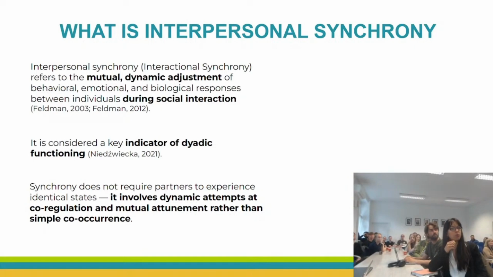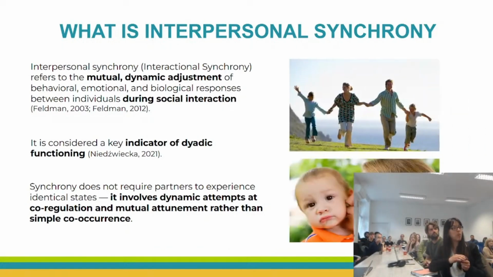It is considered a key indicator of dyadic functioning. It tells us not just about each individual, but about how the relationship as a system operates. So, synchrony is not about being identical. It's not simple simultaneity. It's about dynamic co-regulation and mutual attunement.